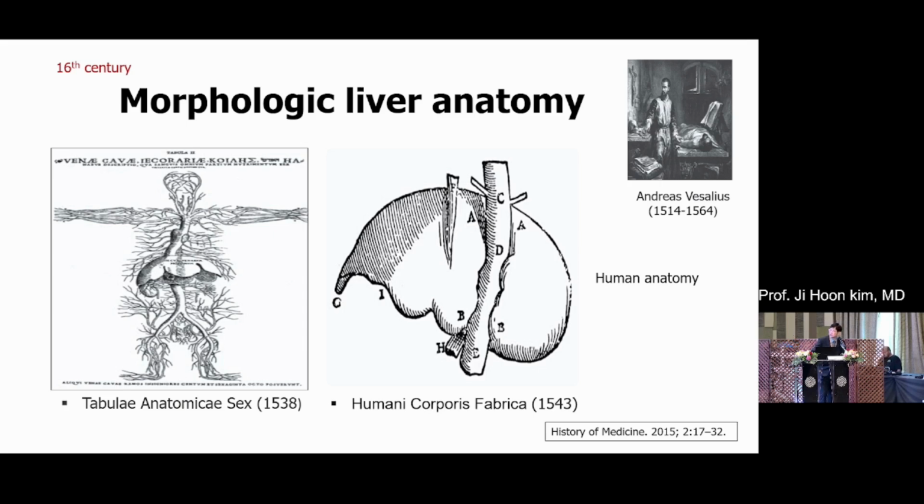At first, in 1538, his liver was lobulated like an animal model. But 5 years later, he studied the human cadaver. His liver morphology is similar to a human liver like this. Vesalius is the father of anatomic studies.